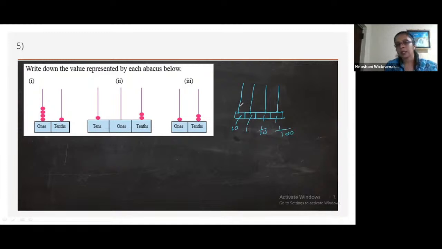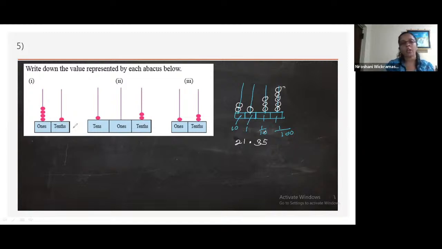We can read here if I write 2, 1 here, 3 here, 5. So how can we read? You can see at the tens place 2, at the ones place 1. Now keep the decimals. Then after that, 1/10 place 3, 100th place 5. It means we can read 21.35.